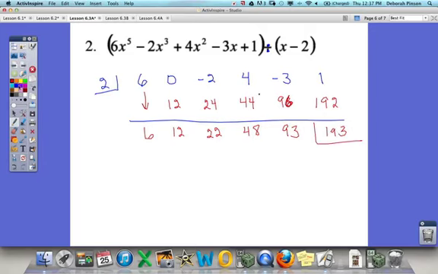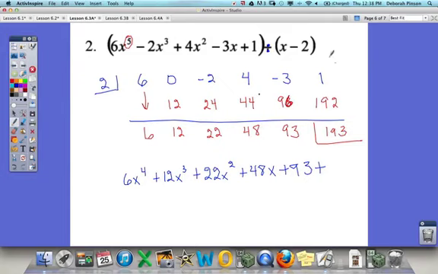Okay, now remember, your biggest one here is going to be one smaller than that. So I'm going to start with x to the 4th, third, second, first, constant, and the remainder.